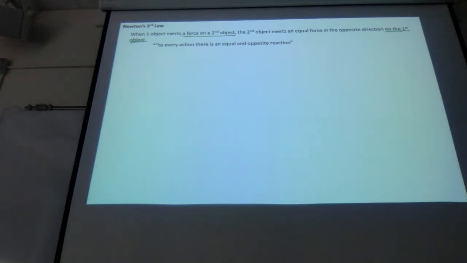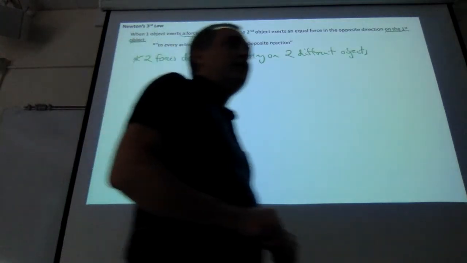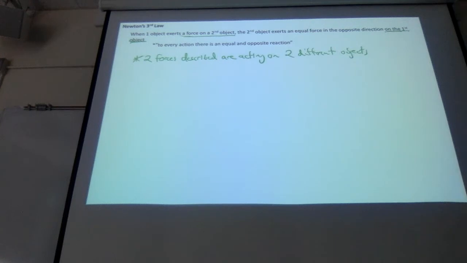Even though these two forces are equal, they're happening to two different objects, which is the key to getting Newton's third law, right. We could say that the two forces described are acting on two different objects. Each of those objects gets a free body diagram all to itself.